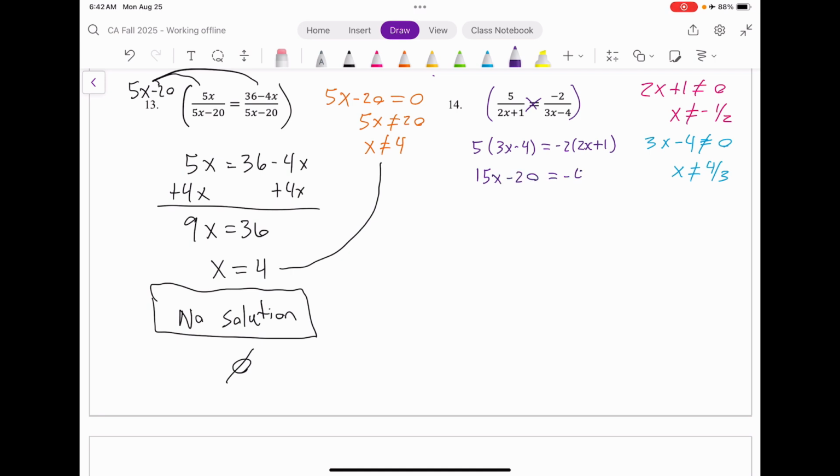Distribute on both sides. Add 4x to both sides. Let's see, add 20 to both sides. And divide by 19.